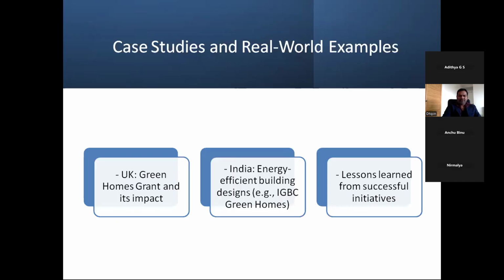Again, green homes grant, as I mentioned already, and its impact, and energy efficient building designs in India. We all learn lessons from successful initiatives, and in the upcoming years, we are all going to see a big difference in terms of energy.